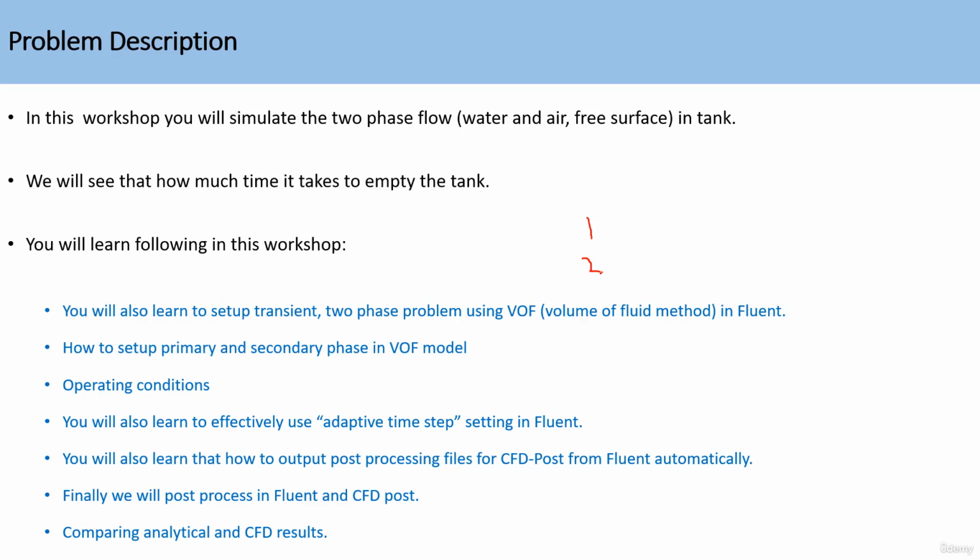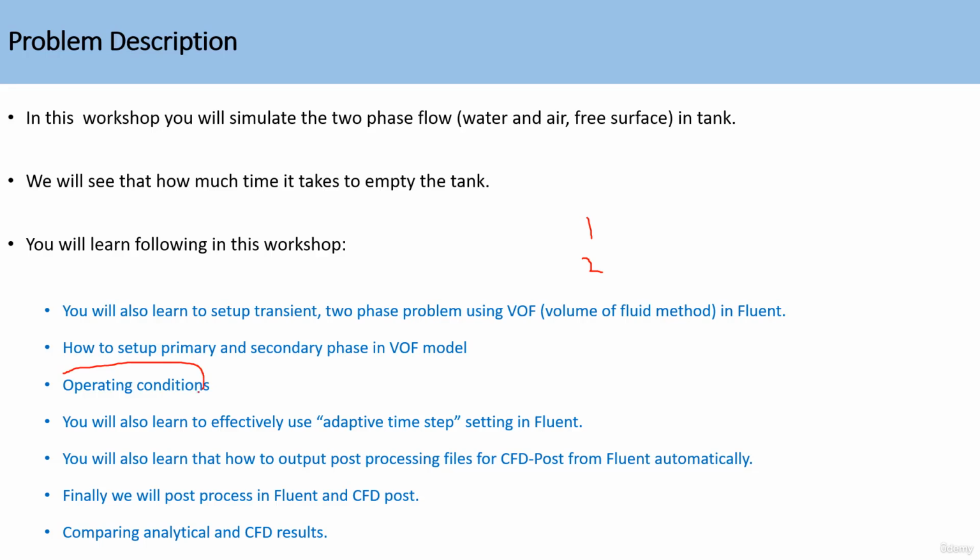For example, in this case the water will be there initially, and once it's drained out, the primary phase, the major phase, will be the air. It means that when the whole water has gone through the bottom of the tank through the orifice, the dominant phase in this control volume would be the air. So that's why that phase will be selected as the primary phase.